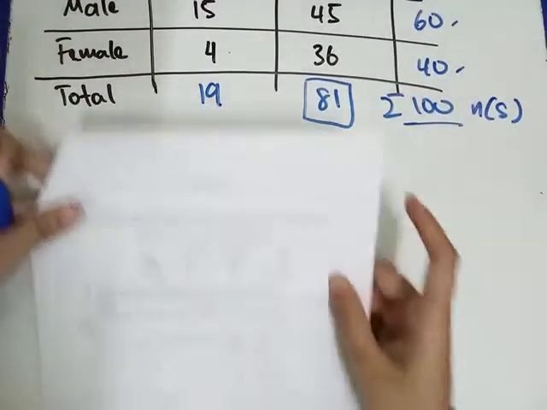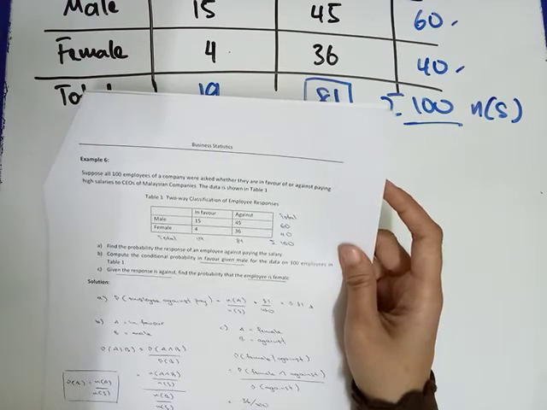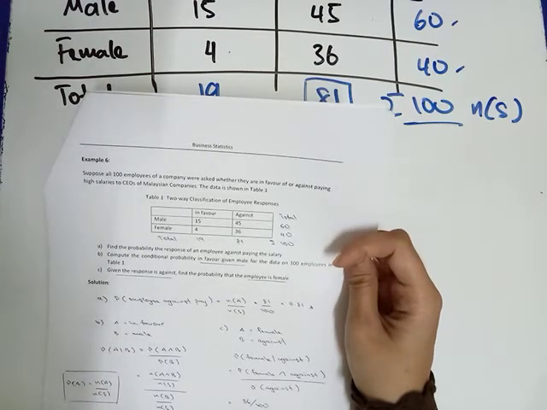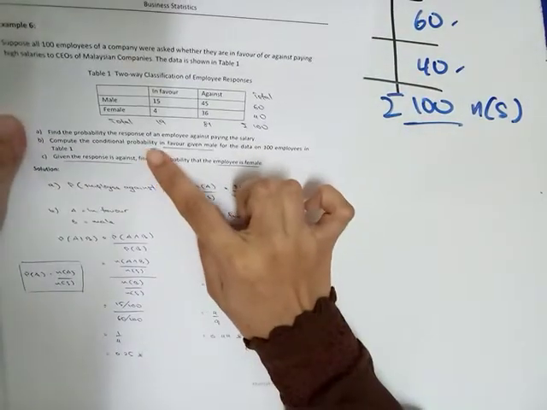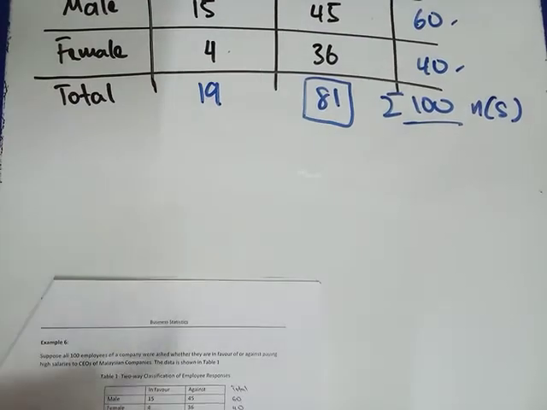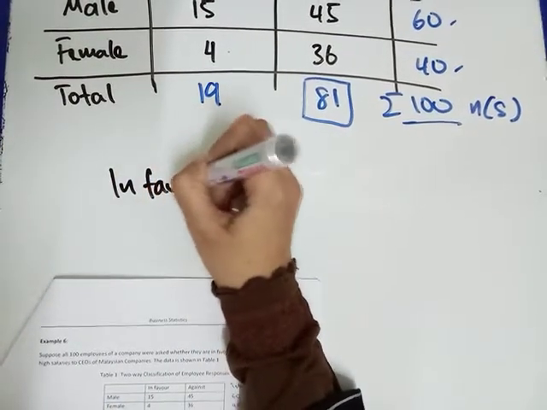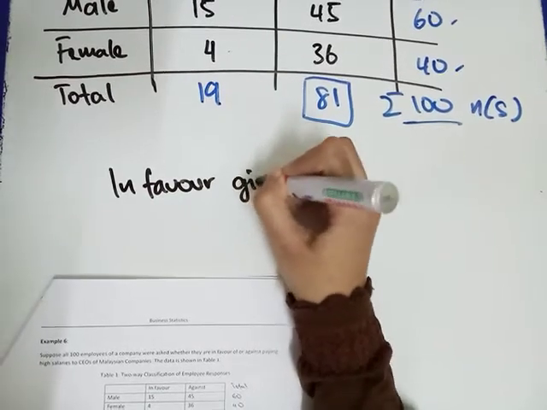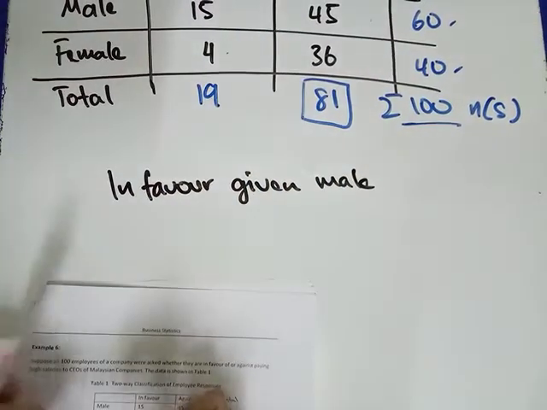And then B, compute the conditional probability in favor given male for the data on 100 employees in table 1. So yang B ni awak tengok, find the probability in favor given male. Bila soalan minta in favor given male, this is keyword dia.